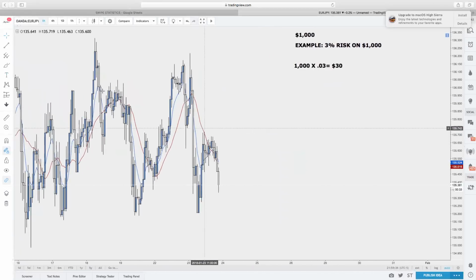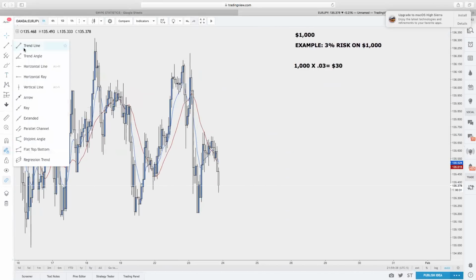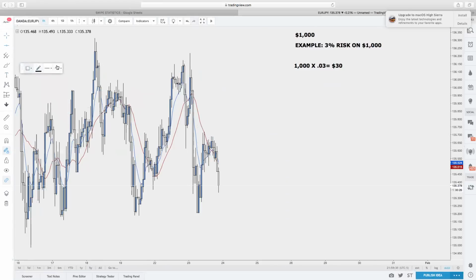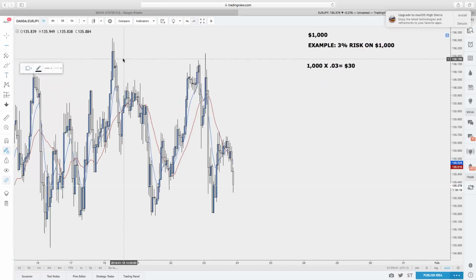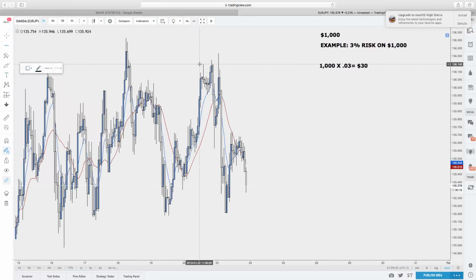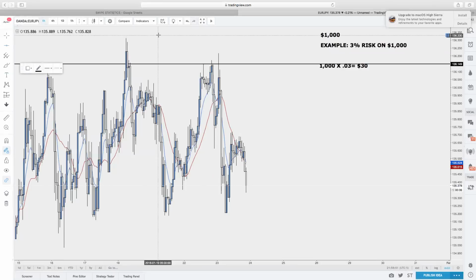With our Euro JPY right here, it caught an entry around 136.050, somewhere around here. Our stop loss was up here above the high. So let's just say 30 pips. Actually, 20 pips.